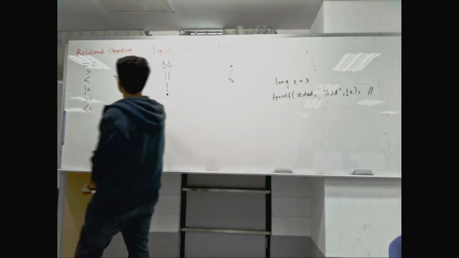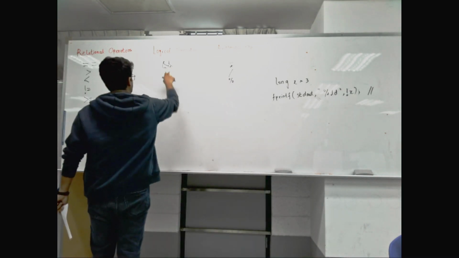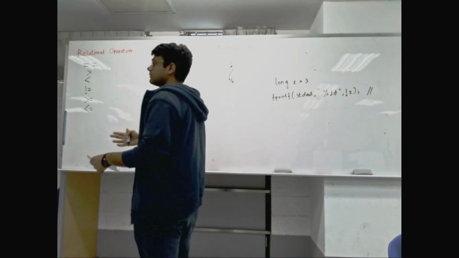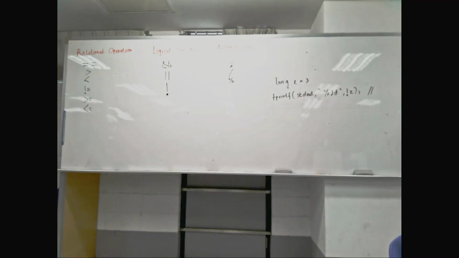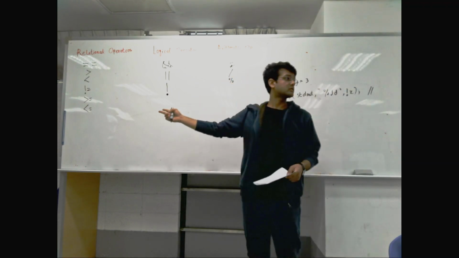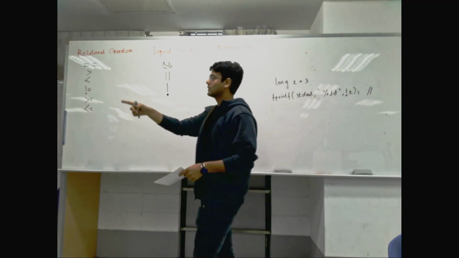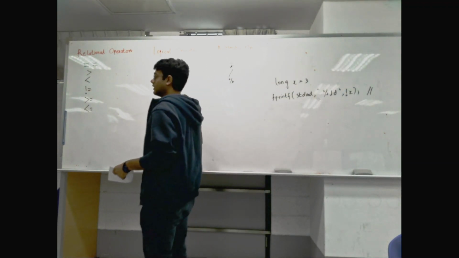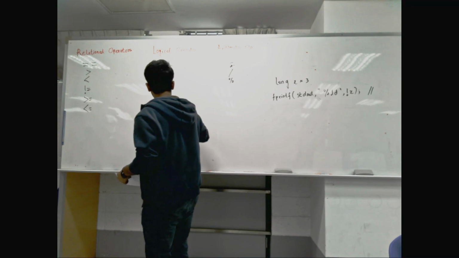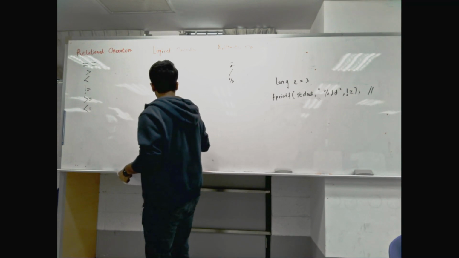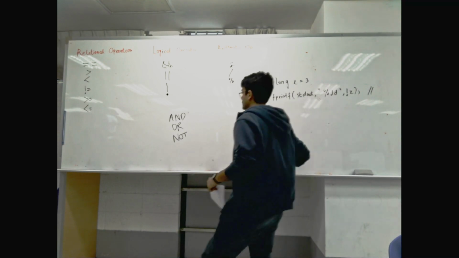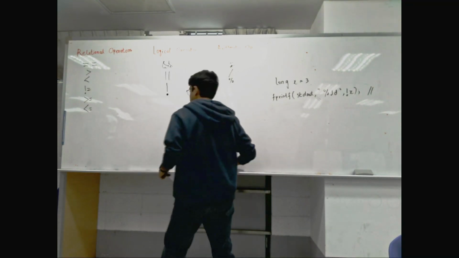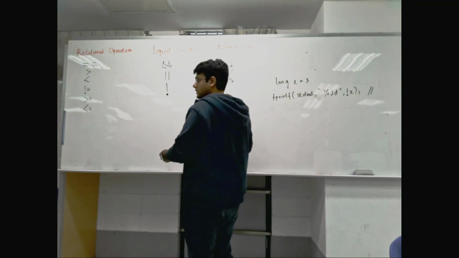Oh, by the way, the logical operators. You're EE, right? EE or ECE? Which department? So you must know logical operators, right? You know, like AND, OR, NOT. You will have seen them in circuits. Circuits are also about true, false, and everything.